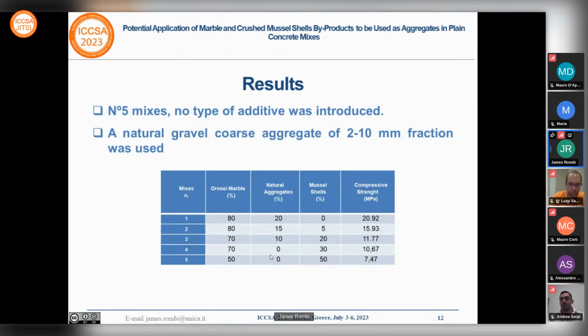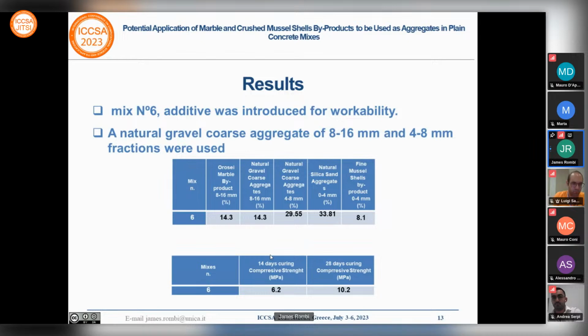On the basis of these preliminary results, we did the number 6 mix. In this case, due to the problems that we had during the mixing procedure and for workability, an additive was introduced. Also, we used two other different types of aggregates. So we used a natural gravel, 8/16 and 4/8, and also a silica sand, in which the mussel shells partially replaced this silica sand.